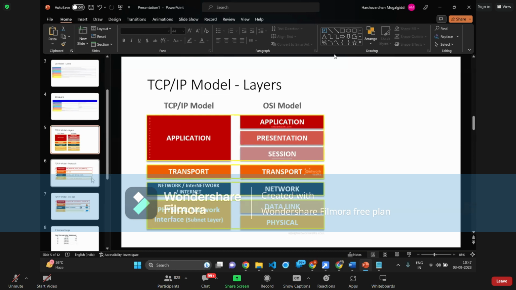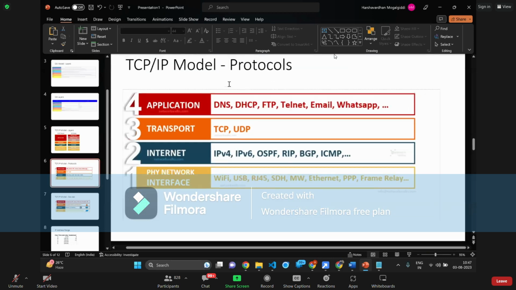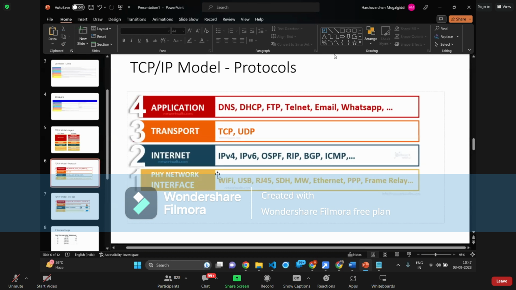In the physical layer protocols, we've got Wi-Fi, USB, RJ45, SDH, Ethernet, frame relay, etc. There are many more protocols, but the major ones I'm listing here have been previously asked.